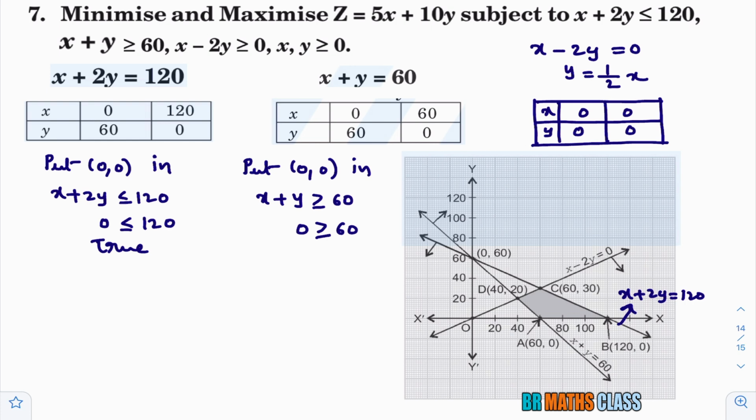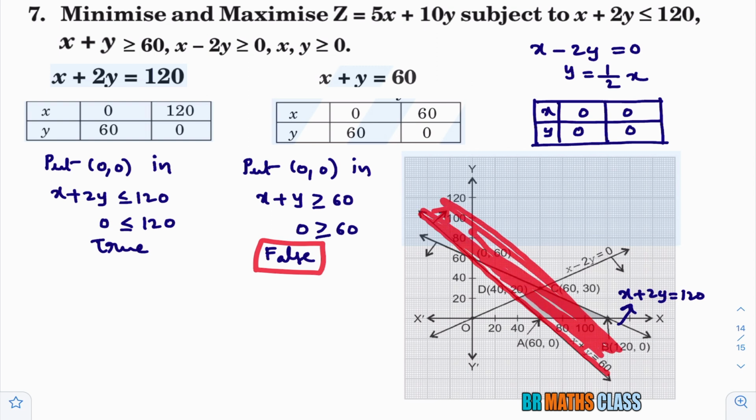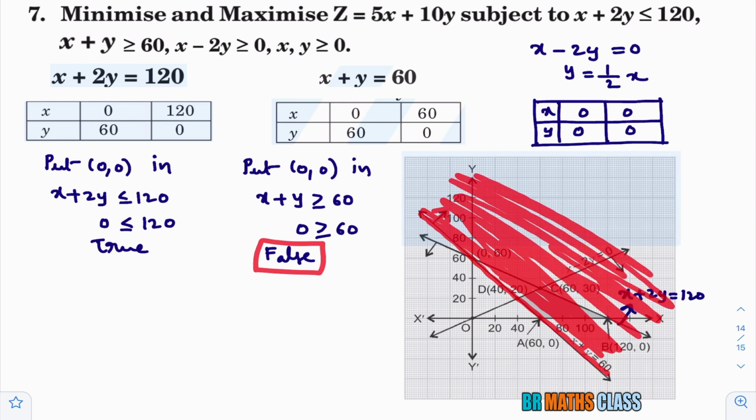Is 0 greater than 60? No. 0 is less than 60. So this is false. Right? So for this line, which side do we need to shade? As you got false here, we need to shade the non-origin side. Non-origin side means this side. If you take any point on this side, that point satisfies this inequality.